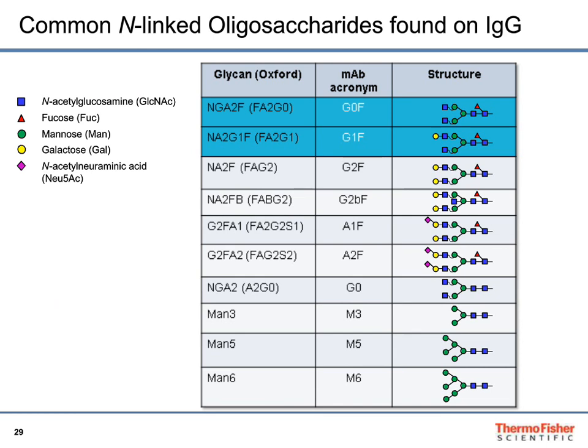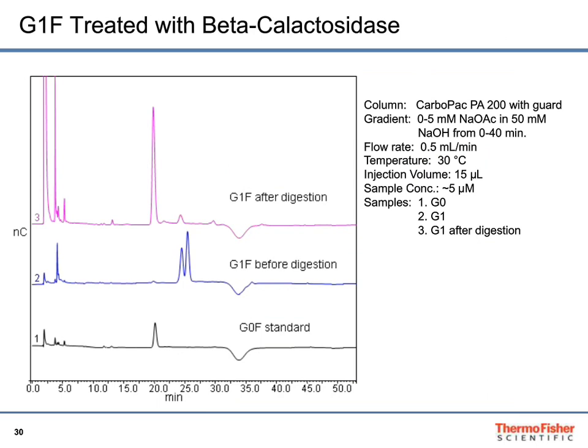So let's look at how we prove we actually did that separation. So the bottom is the G0F standard. So that's, remember, no galactoses and 1 fucose. The sample before is our G1F standard before digestion. So the standard appears to have 2 peaks, one where the galactose is on the upper arm, another where the galactose is on the lower arm.